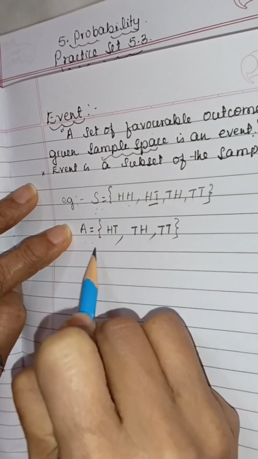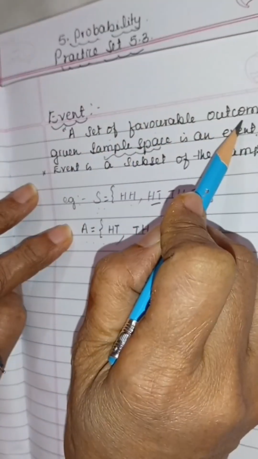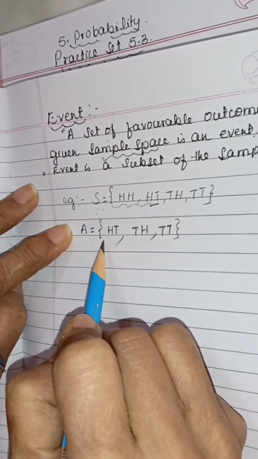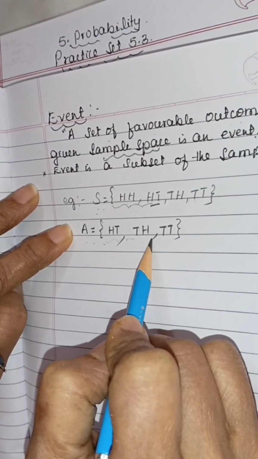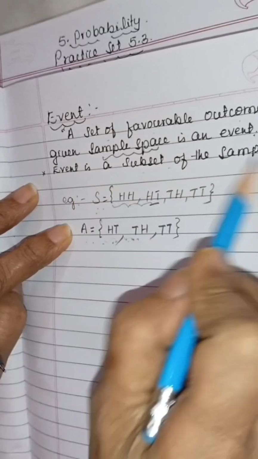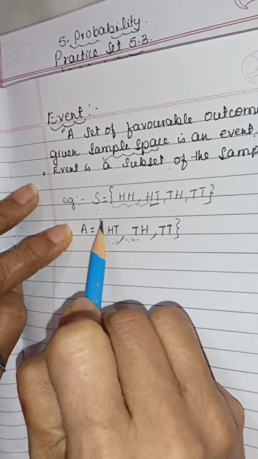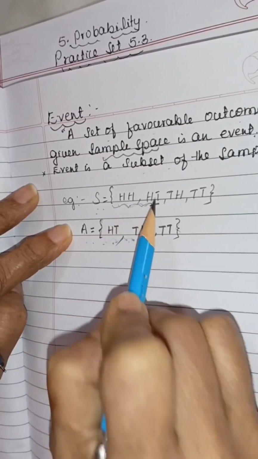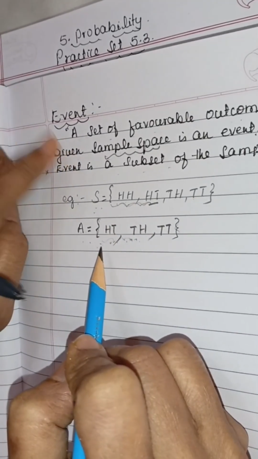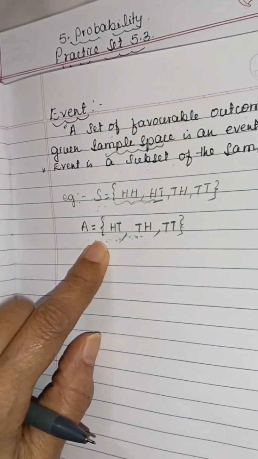So this is a favorable outcome. A set of favorable outcomes of a given sample space. This is the sample space and this is the favorable outcomes set, which is called an event. An event is a subset of the sample space. Subset means this set is taken from this sample space. Only this much you have to understand.